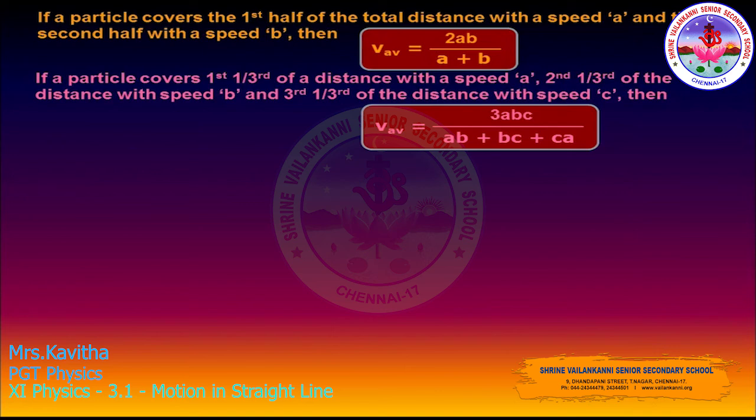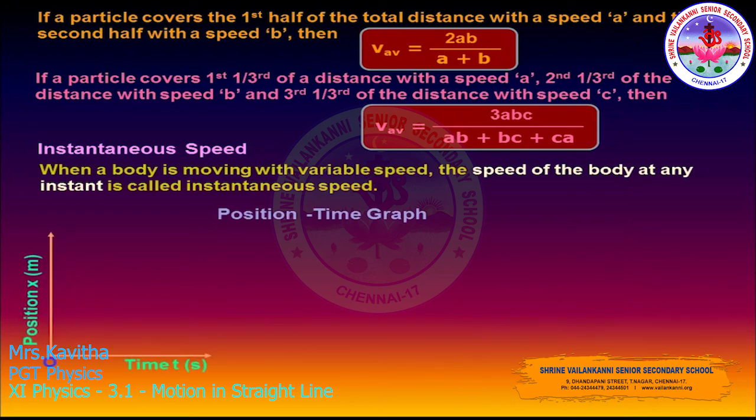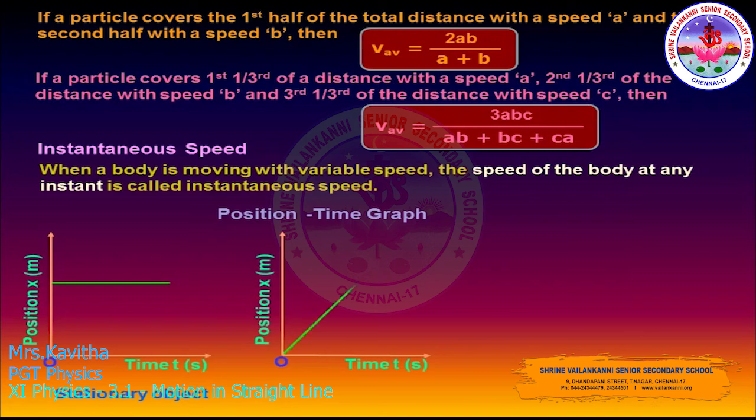The next one is instantaneous speed. The speed of an object at any particular instant of time, or at a particular point of its path, is called instantaneous speed. With the help of the position-time graph, you can understand more. This is for the object which is at rest, the stationary object.